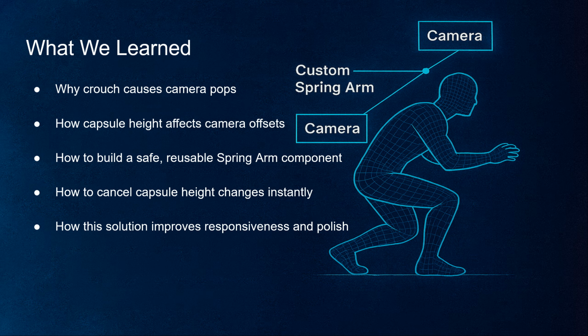This technique keeps the camera stable, responsive, and clean, even when crouch is toggled rapidly. And because it's implemented as a reusable component, you can drop it into any character controller with zero engine modifications.